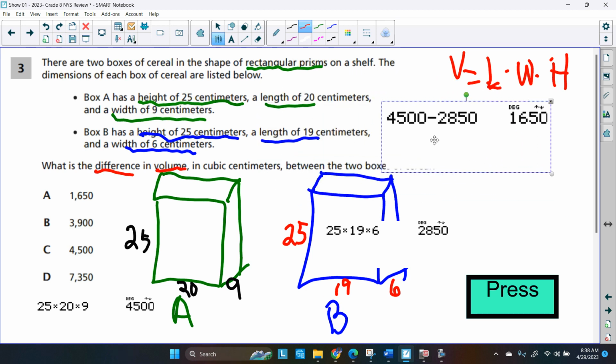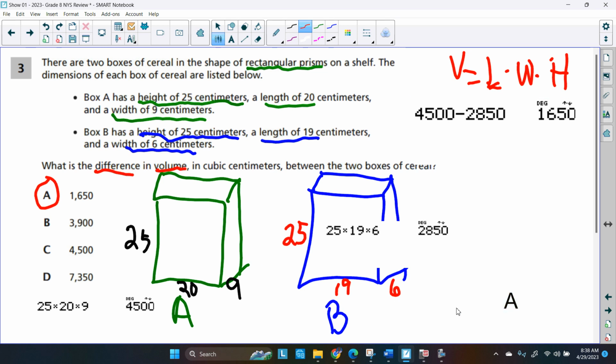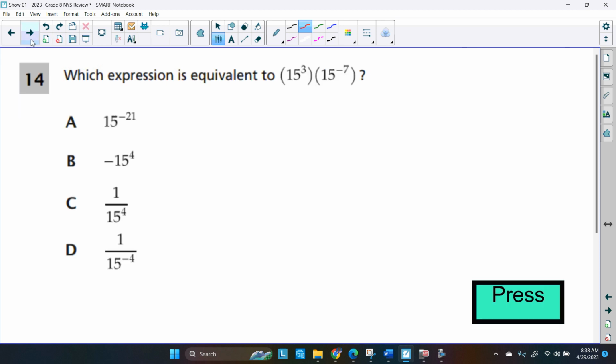So box A has a lot more, but the difference between the two is 1,650. That's what they were asking for. So our answer choice is A. Not bad. That was question number 3.